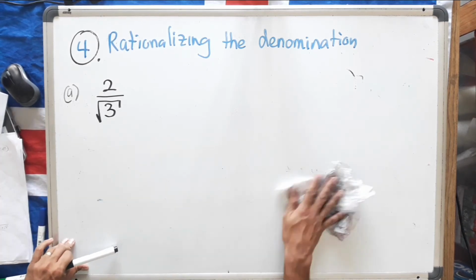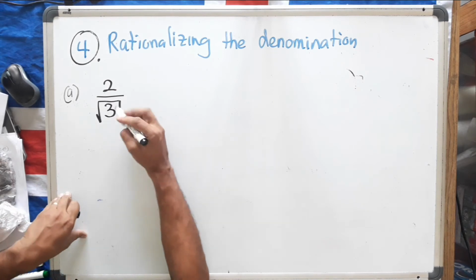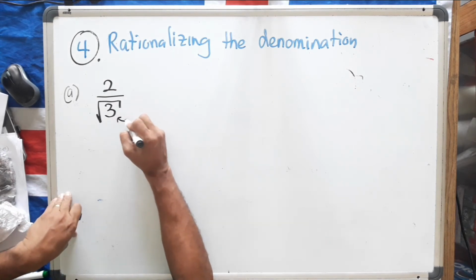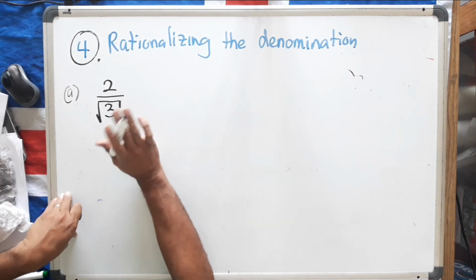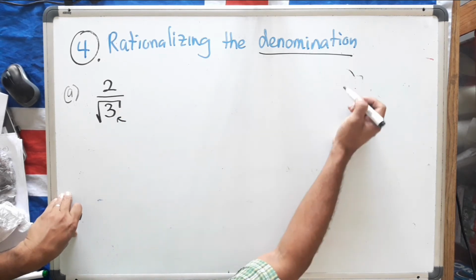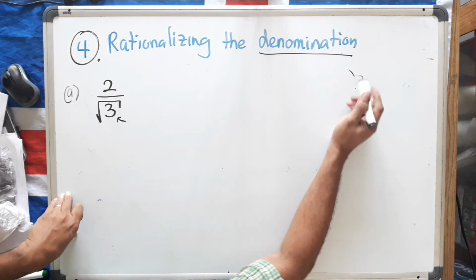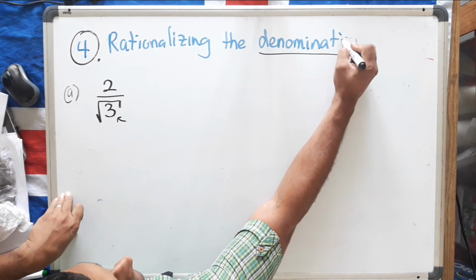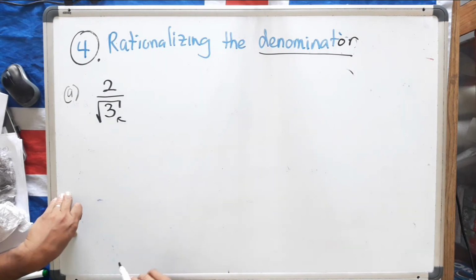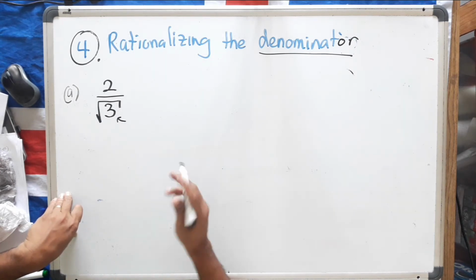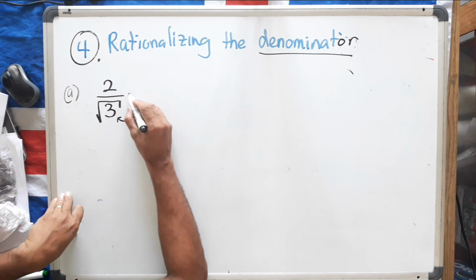So here's how you rationalize the denominator. Right now, the underneath, the denominator, is a surd. We don't want the denominator to be, I spelled denominator wrong. It's denominator. All right, sorry about that. So here's what we're going to do.